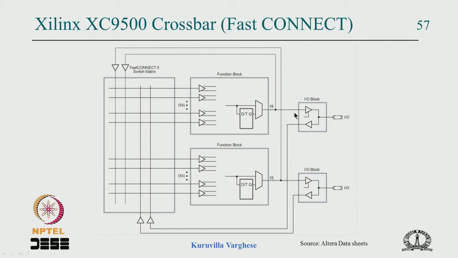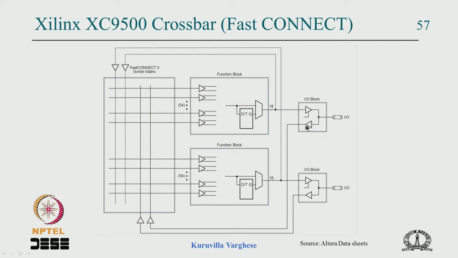So you have an IO pin, there is an AND array which is here, and a distributed flip flop and the bypass, and such 16 outputs are coming to the 16 pins, and you can see that is also fed back to the crossbar switch, so you can take that into the various logic blocks.